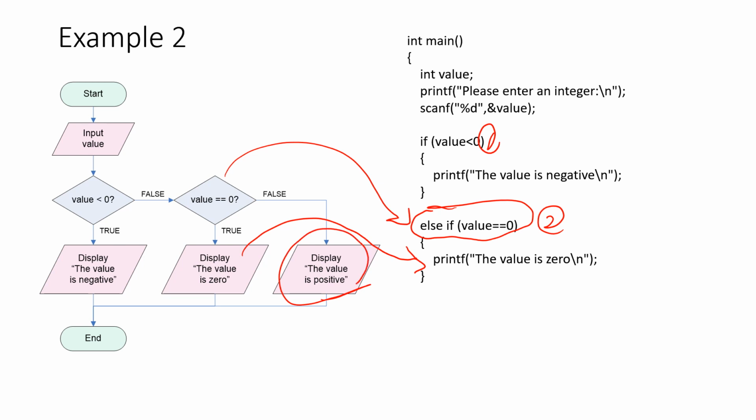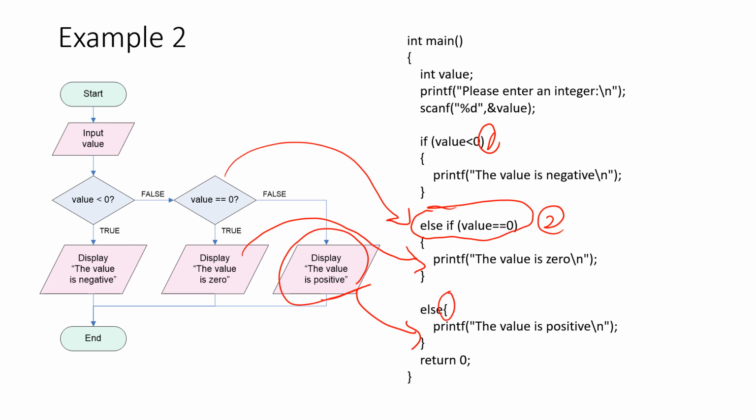Since this is the final statement, we don't have to test anything. So we just put else, and then open the curly bracket here. Then printf: the value is positive. And then we close the else. And finally, we finish our program.